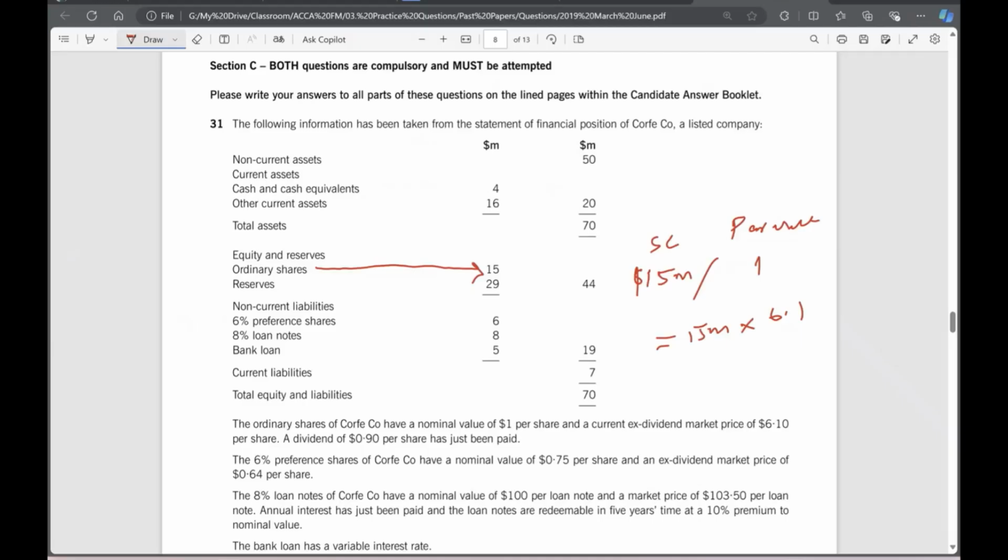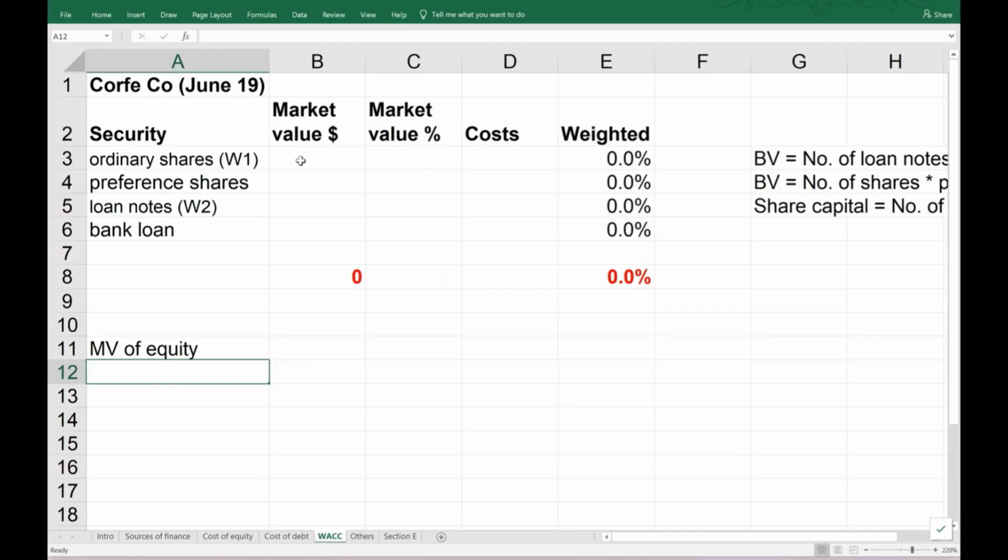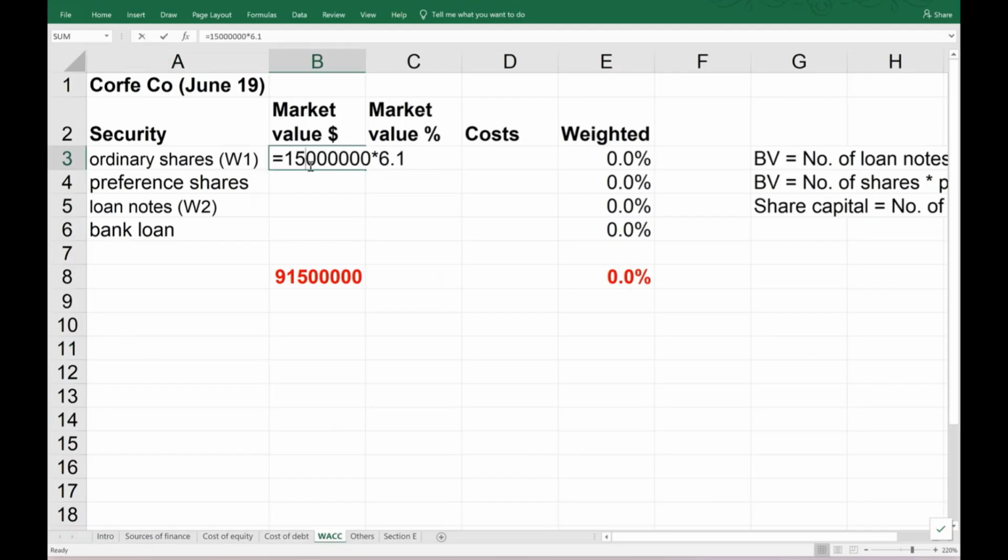So number of shares, 15 million divided by 1, multiplied by 6.1. That's why I don't need to find it separately. I can find it directly here.